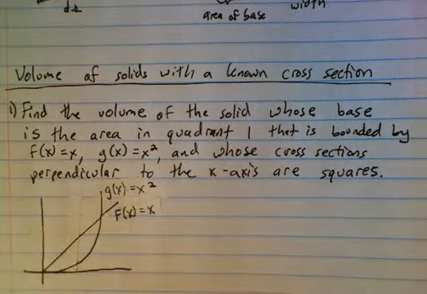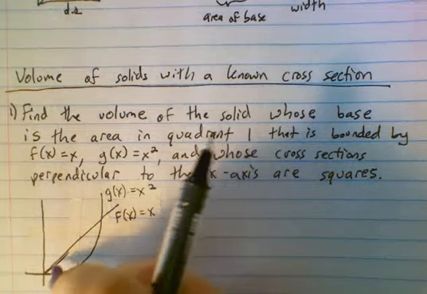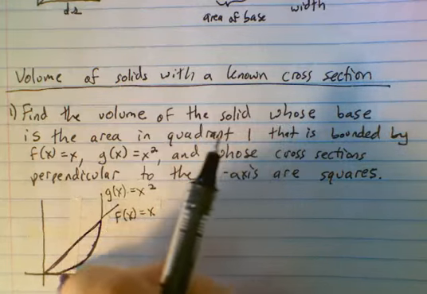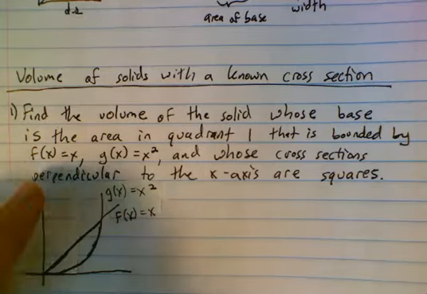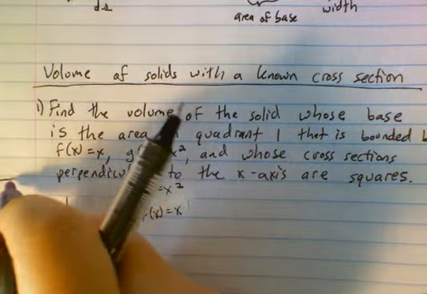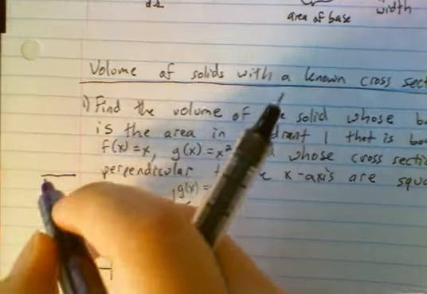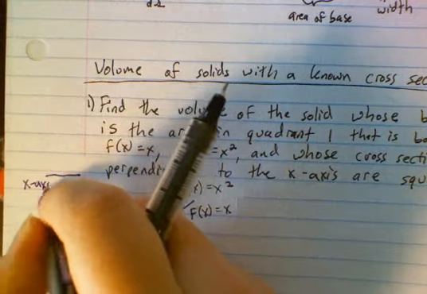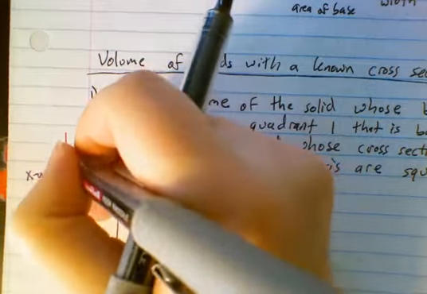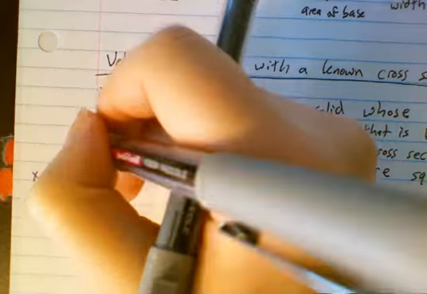Let me redraw that a little bigger. So we're looking at this area right in here. And when this says perpendicular to the x-axis, that means if our x-axis is here, any little rectangles, cross sections, anything we're talking about is going to be there. That's our cross section.